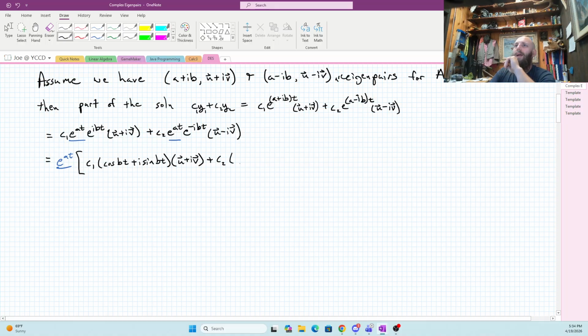I got Euler's again, cosine of minus bt plus i sine of minus bt. So I've got a minus sign in there, and that's Euler's, so that's why this isn't a minus sign. That's not me doing a complex conjugate thing. That's literally just me doing Euler's. We'll get a minus sign there in a second, but for a different reason. And then I've got that times (u minus iv).